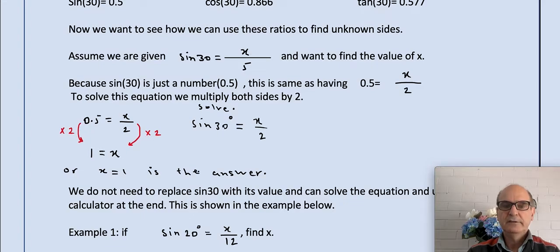So x equal to 1 is the answer to this equation. All right.